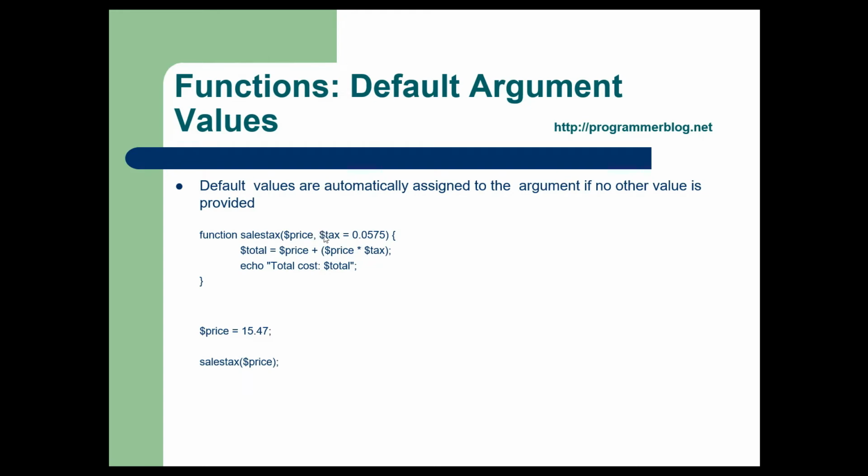But if we want to omit the value of $tax and use a default value, then we can specify the default value inside the function definition. We have assigned $tax equal to 0.0575. So in the function call, I have only passed $price, but the function will use this default value inside the function body. Let us run this code.